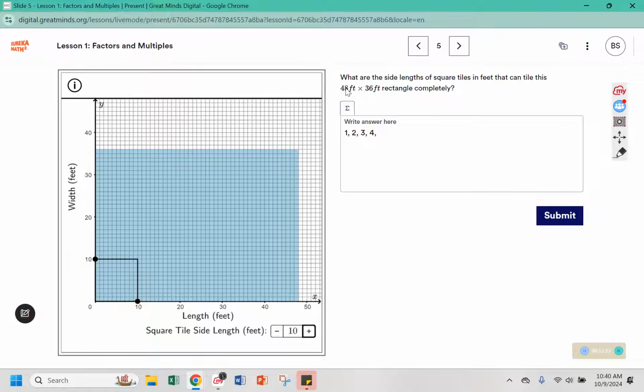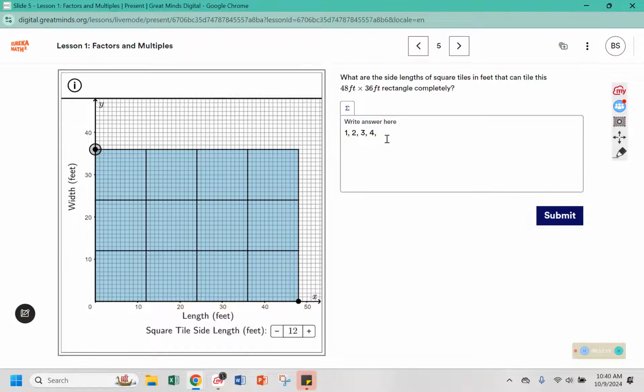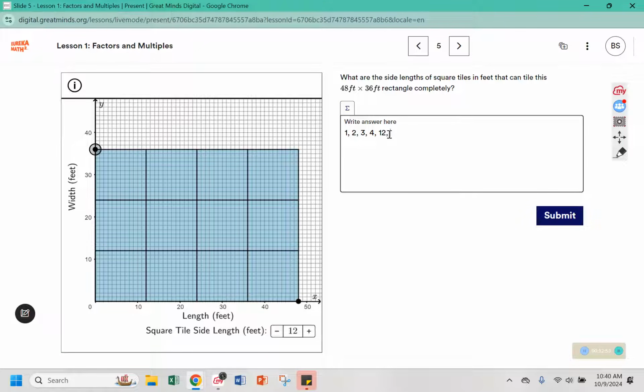In order to be a multiple of 10, you would end on a 0, so it would be 50 and 40, but not 36 and 48. 11 times 4 is 44. 12 times 4 is 48, and 12 times 3 is 36.